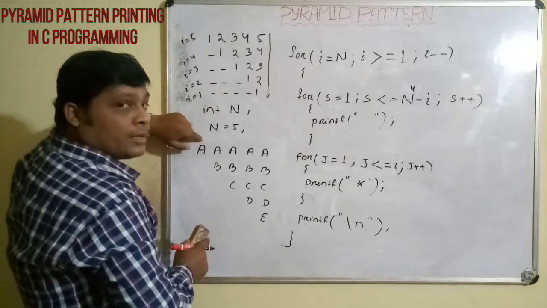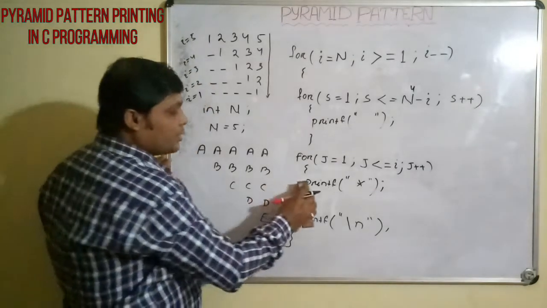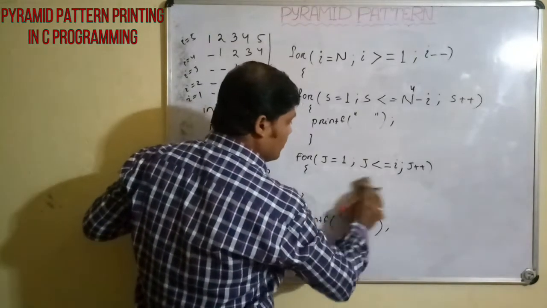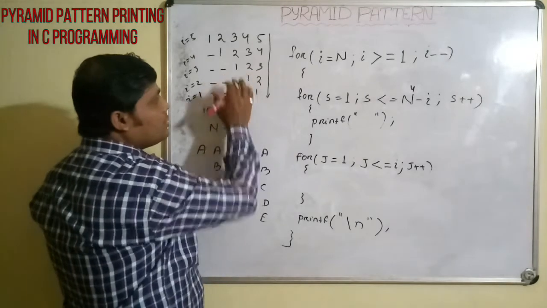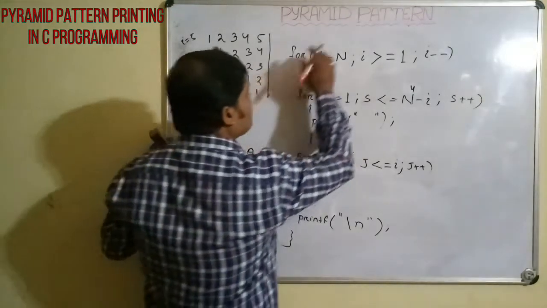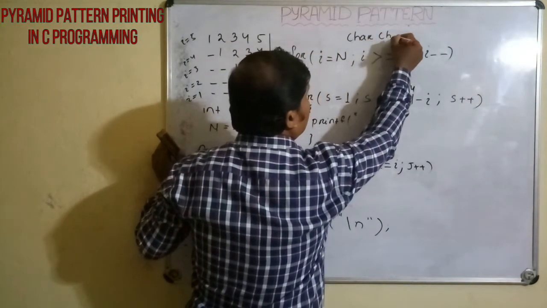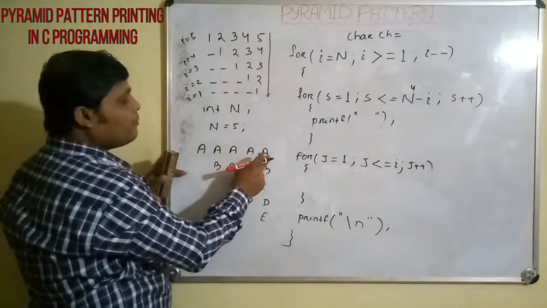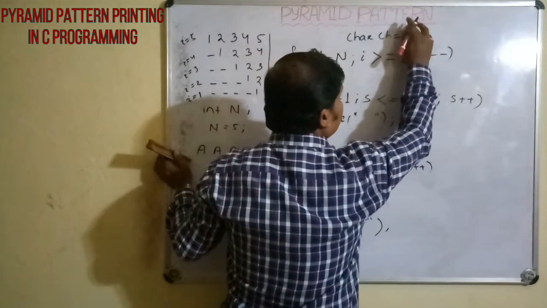Instead of numbers, there are characters. So for this, we have to take one character variable. In the printing part, we have to change. So instead of an integer, we have to print what? Characters. So we have to take one character variable, character CS, and it starts from A. So character CS equal to A.